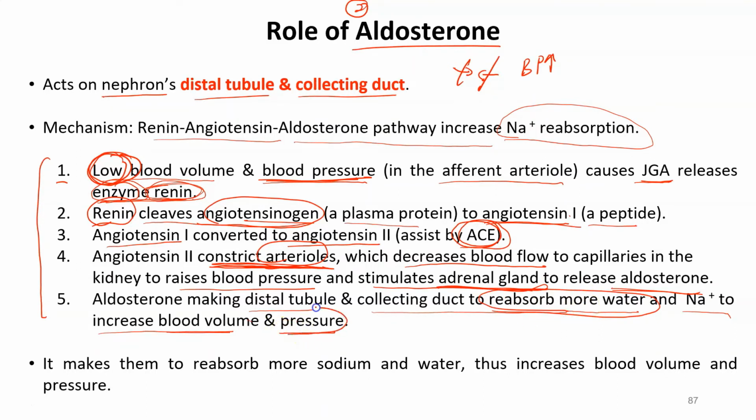Okay, so how to increase blood pressure also is to increase the reabsorption of sodium ion. So this makes them reabsorb more sodium ion and water, thus increasing blood volume and pressure.